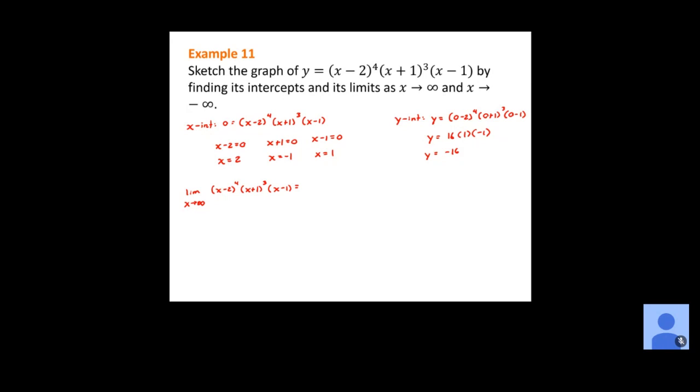Because if I put an infinitely large value in there and I raise it to the fourth power, that's just going to give us some infinitely large value in the positive direction. All right, let's do the same thing with the next factor. (x plus 1) to the third, if I put infinitely large values into that, what's going to happen to that factor? Also going towards a positive infinitely large value.